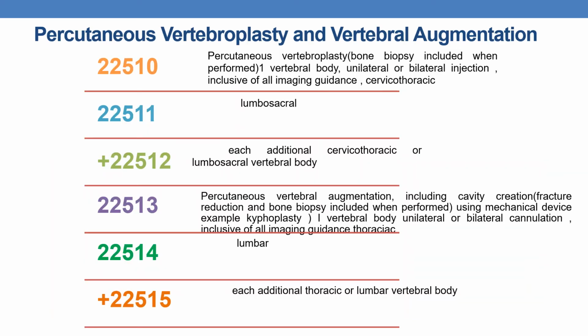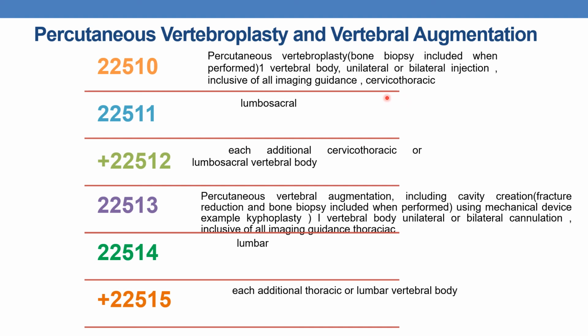Now coming to the codes, the first code is 22510, which is percutaneous vertebroplasty, bone biopsy included when performed, one vertebral body, unilateral or bilateral injection inclusive of all imaging guidance, cervicothoracic region.